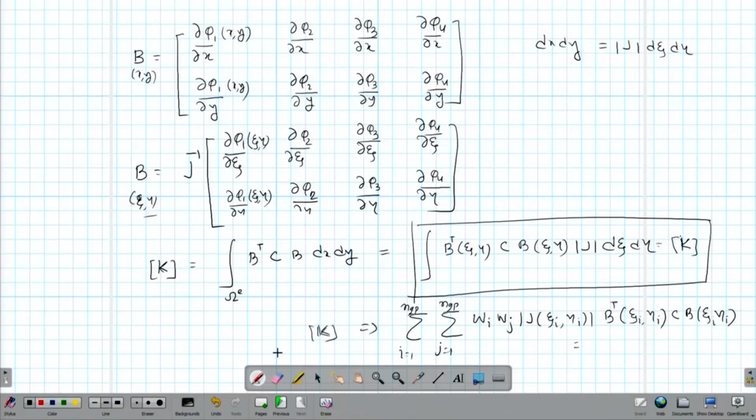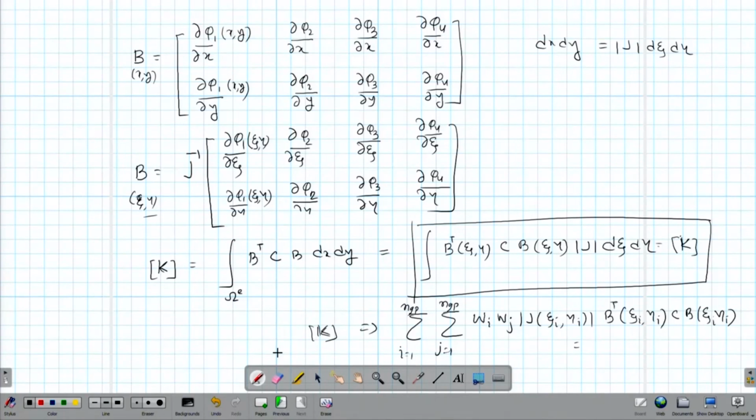Right. So, you see, once we have written all these shape functions with respect to the parametric domain, then the integration rule with respect to the parametric domain can be obtained.